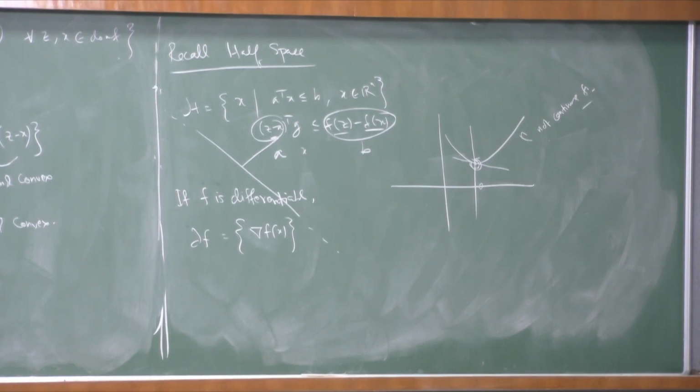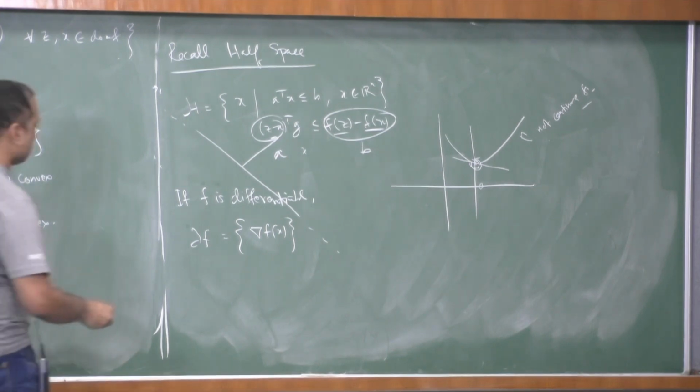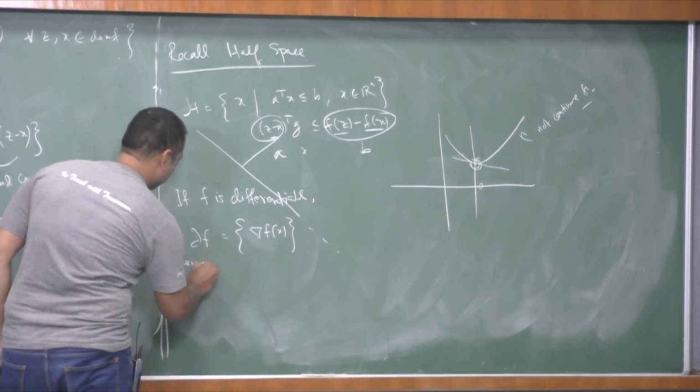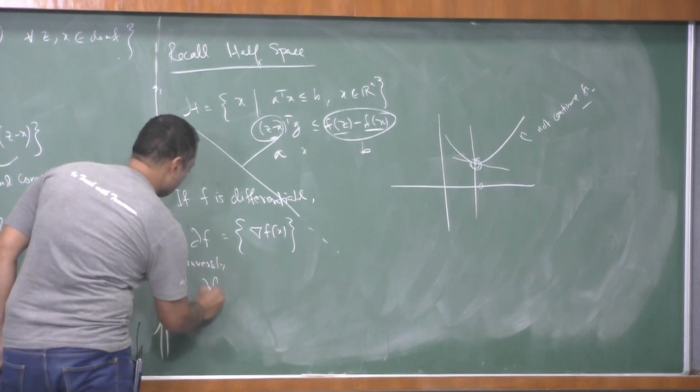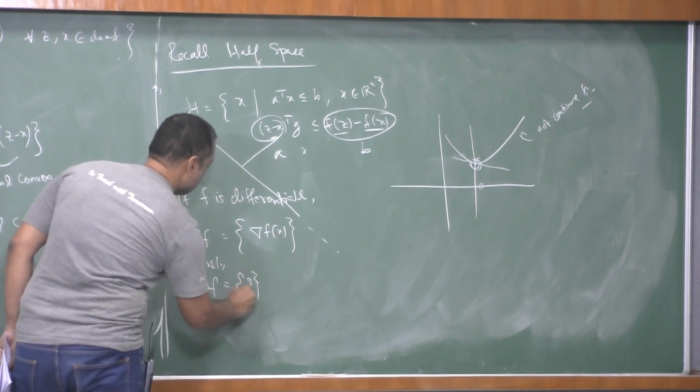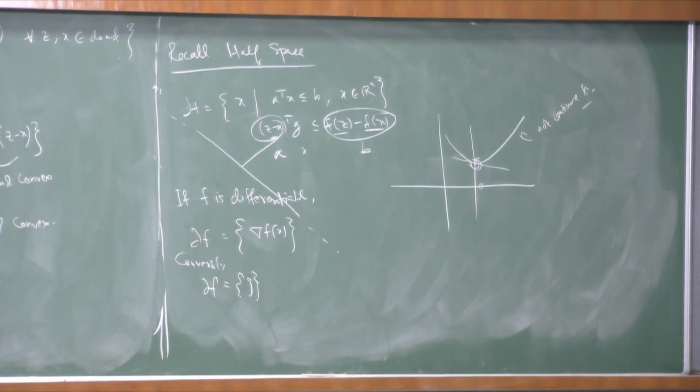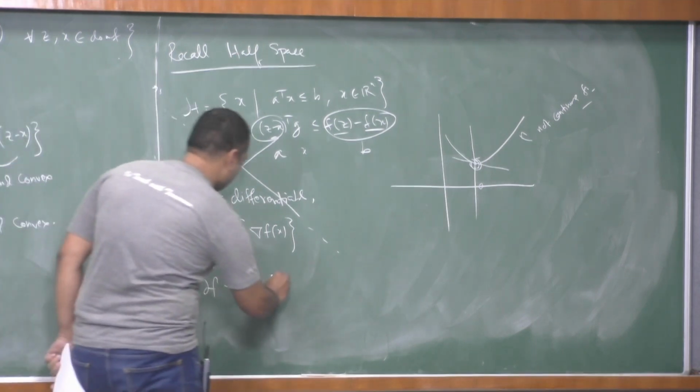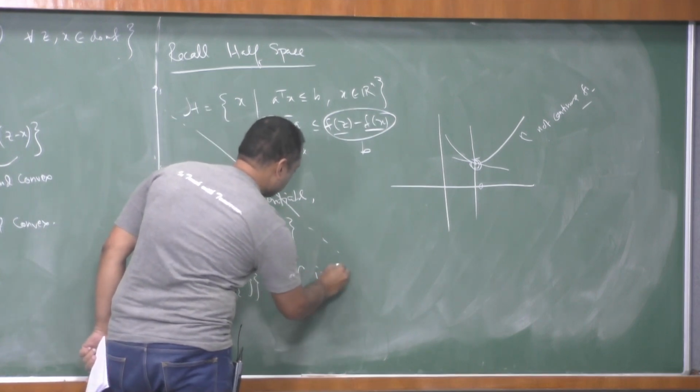So it can also be said in a converse way. Conversely, if it so happens that the subdifferential is a single vector, then necessarily f is differentiable. Okay. So if it is a singleton, then this implies f is differentiable.